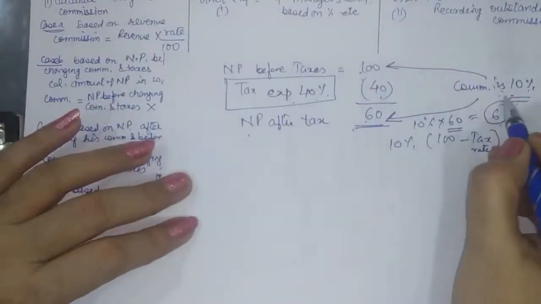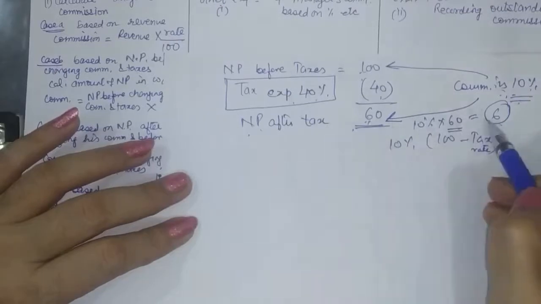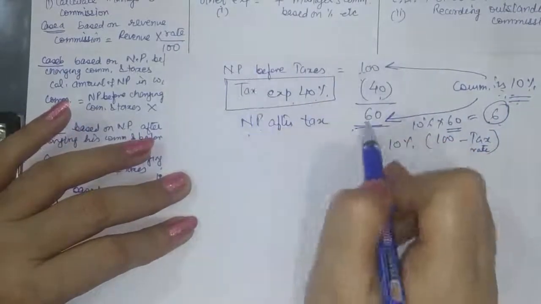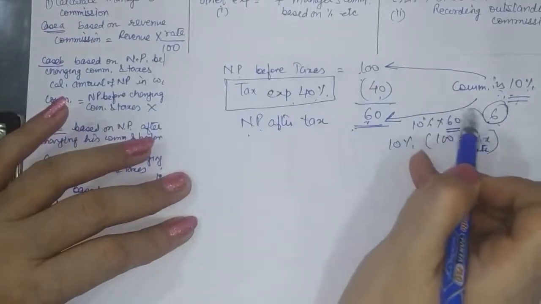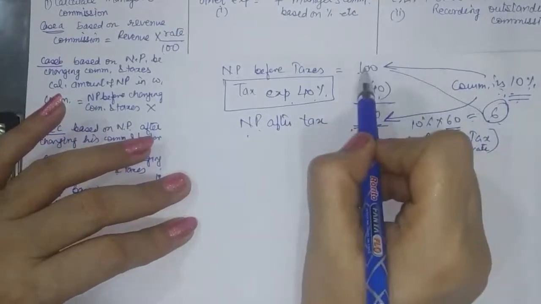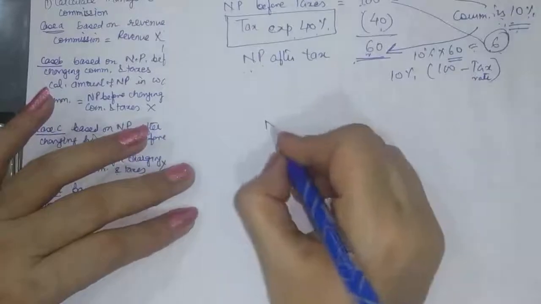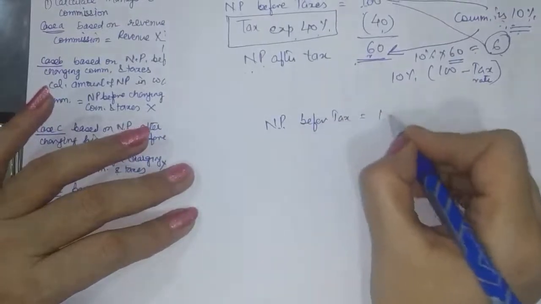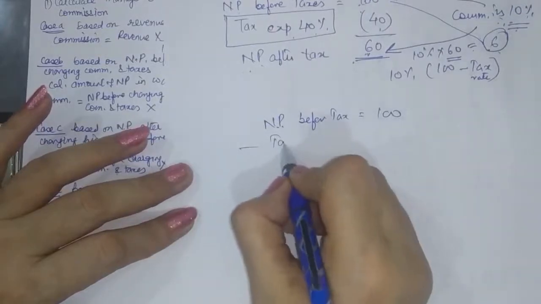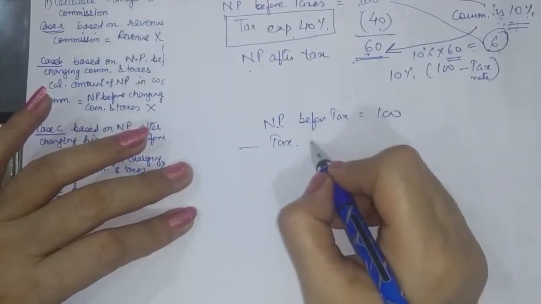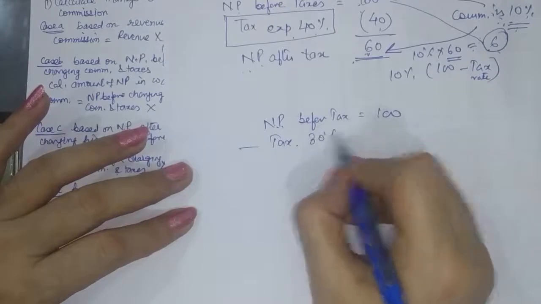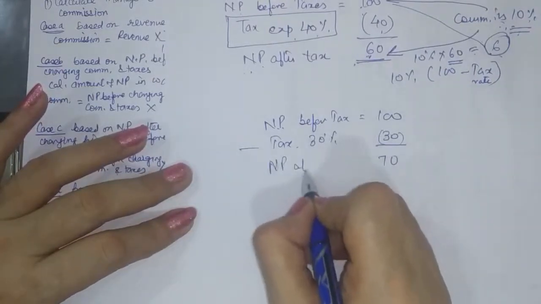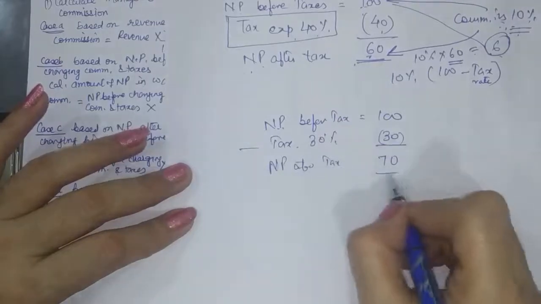A 10% commission based on net profit after tax gives you 6 rupees. So based on profit after tax it is 6, so on profit before tax it is going to be 6%. Just understand it again. Net profit before taxes, I am just explaining the rate, is 100. Suppose the company is in the tax bracket of 30%. So your profit after tax is going to be 70 rupees.